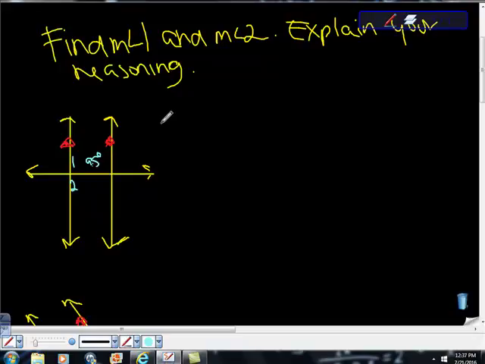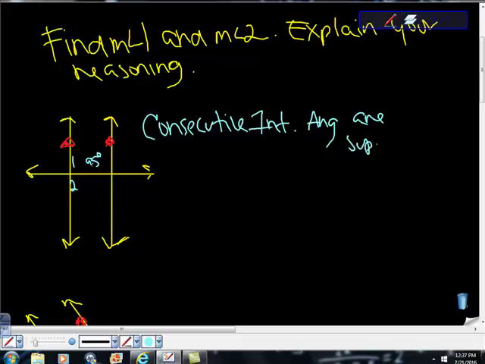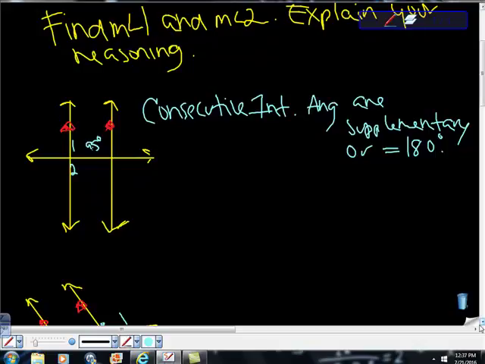We learned that consecutive interior angles are supplementary, or they equal 180 degrees. So we can say the measure of angle 1 plus 95 degrees equals 180 degrees, because we know that has to be true.